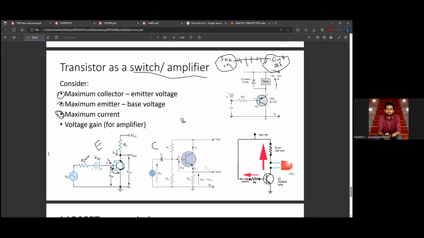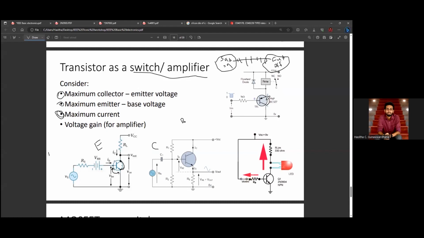So now I'm going to talk about the amplifier. In these two circuits, we are using the transistor as a switch. So there are no states in between these two. We only consider the saturated and cutoff regions. If we give a signal, the transistor will turn on, then these two will be connected.